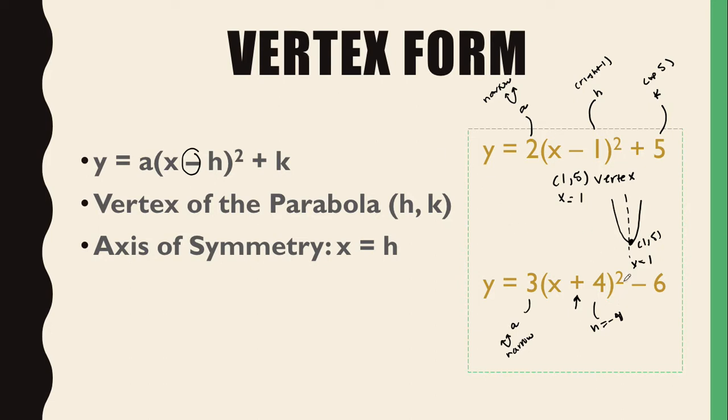So since this h value is negative 4, that tells me it's moving to the left 4. And that minus 6 is the k value. So the k value is negative 6, and it moved down 6. So my vertex is at (-4, -6), and my axis of symmetry is x equals negative 4. So we want to be able to break down all of our equations like that.